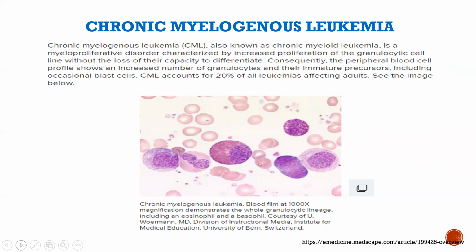Consequently, the peripheral blood cell profile shows an increased number of granulocytes and their immature precursors, including occasional blast cells. 20% of all leukemias is represented by this type of leukemia, and it usually affects only adults.